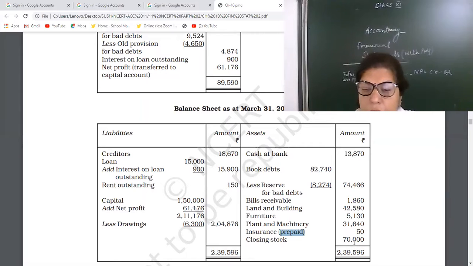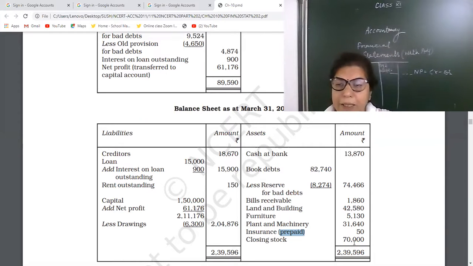Now, closing stock, which is shown at two sides. Closing stock, if it is given outside the trial balance as a footnote at the end of the trial balance, you have to show it at two sides.